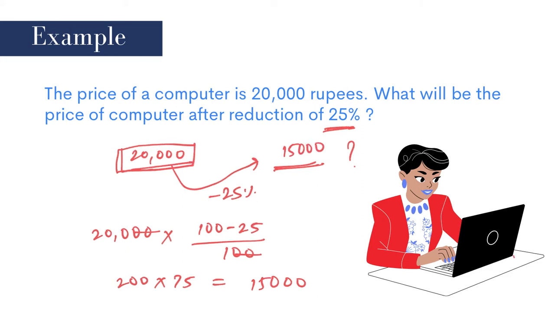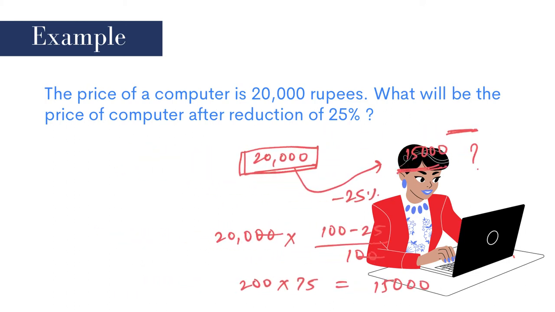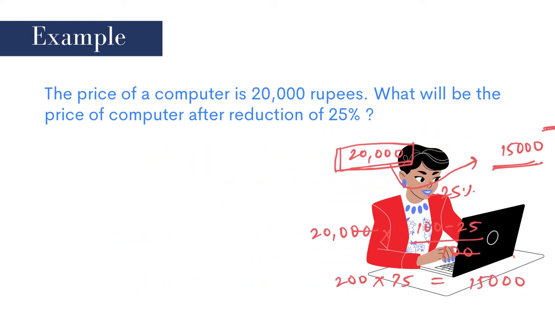I can solve the same problem by fraction value also. How? Let's see. The question is saying the computer's price is decreased 25%. So I can say if the total price is 100%, this is our total price, and decreased 25%, now the laptop price is 75%, or 75 percentage is equal to 3 by 4 in fraction.